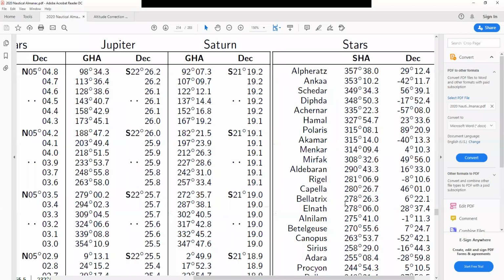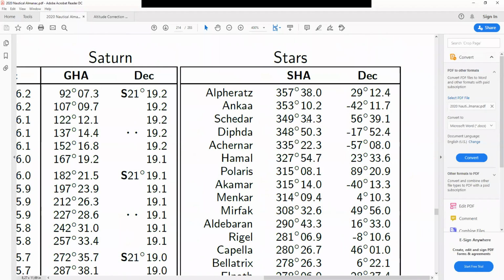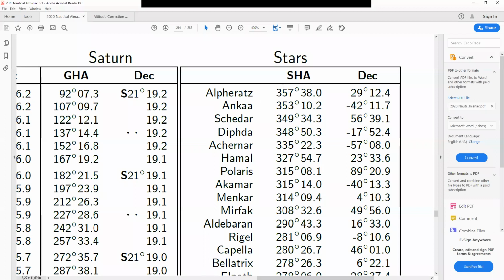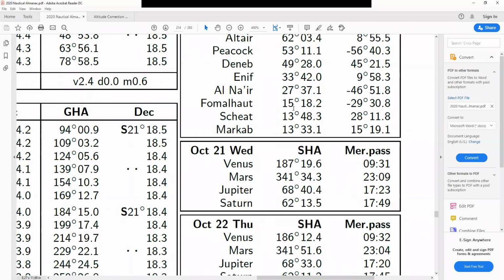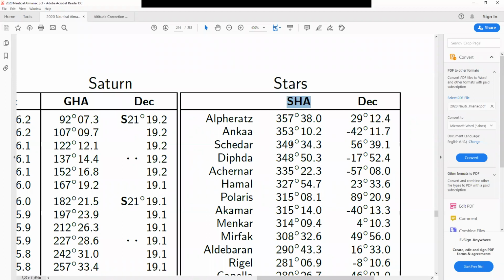In the 2020 almanac, the information is not alphabetical. In the 79 almanac, the stars are listed alphabetically by name. In this case, they're arranged by SHA, starting at the maximum SHA, 357, and going all the way down to 13. Sorted by SHA, it makes it easier for what we're looking for, because we're actually looking for SHA.